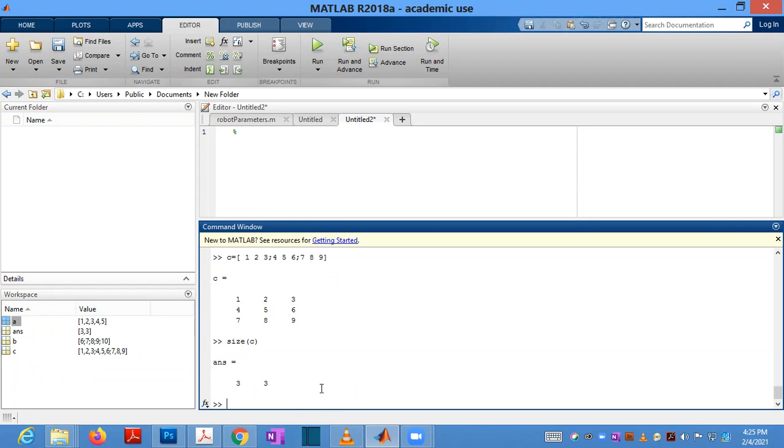First it finishes the first row, then goes to the second row. So what if I want to enter it column-wise? Column-wise, the first column will be like this only. Column-wise means like this: 6, 7, 8, 9. Like this only, the first column will come.